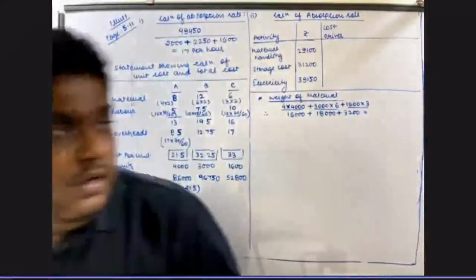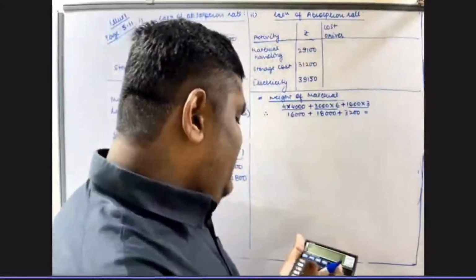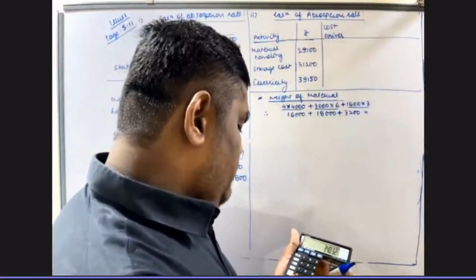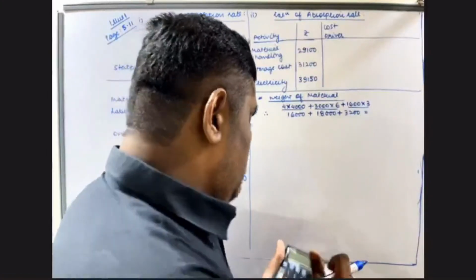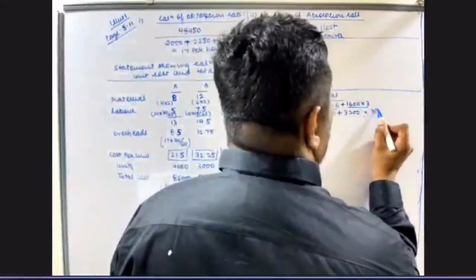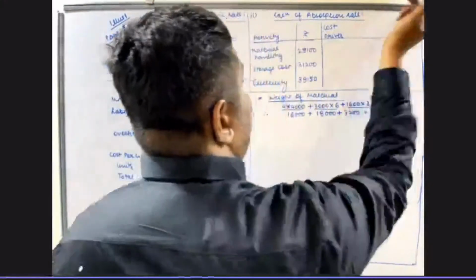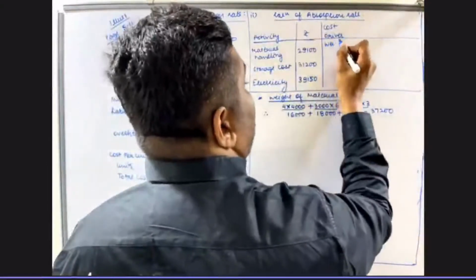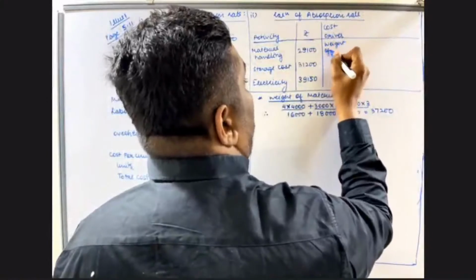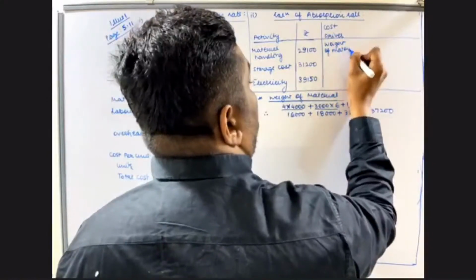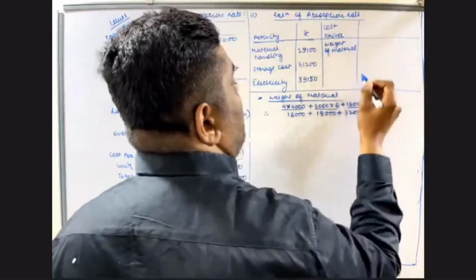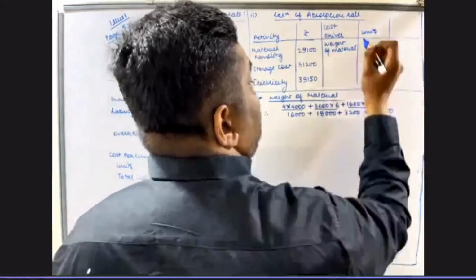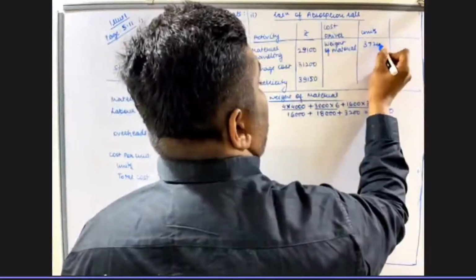So the total raw material consumed to manufacture A, B, and C is 16,000, 18,000, and 3,200. That is 37,200. So when talking about the cost driver for material handling, it is weight of material. And when talking about the total weight of material, it is 37,200.